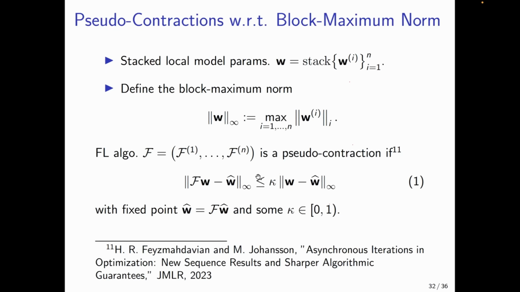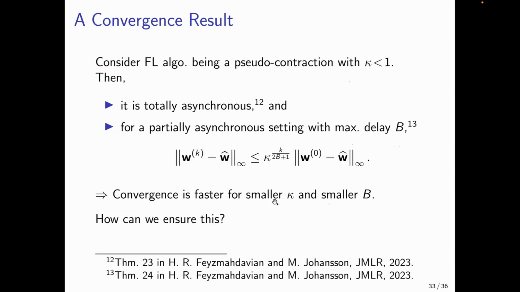And it turns out that if these fixed point operators are a pseudo contraction, then you have one. Once you have proven that for whatever choice of local loss functions, edges, and federated learning algorithm, the resulting fixed point operators F are a pseudo contraction, you have one. There's a beautiful recent paper from authors, I think from KTH Stockholm, that shows that as soon as this is a pseudo contraction, it is totally asynchronous.